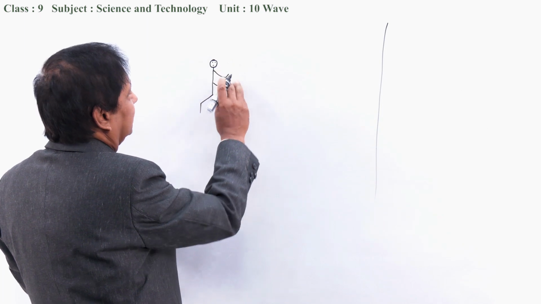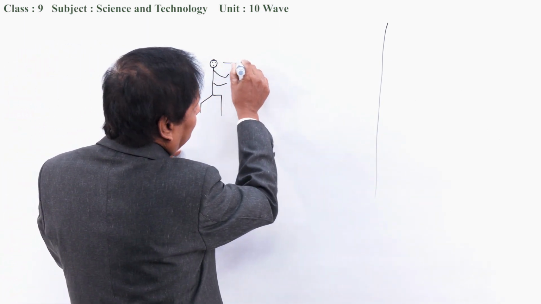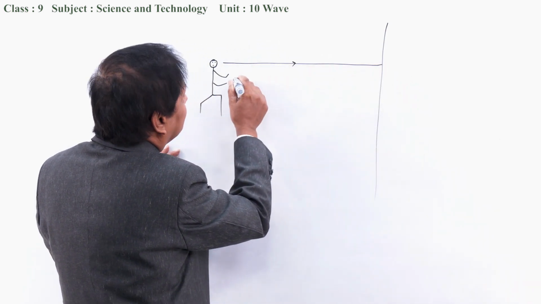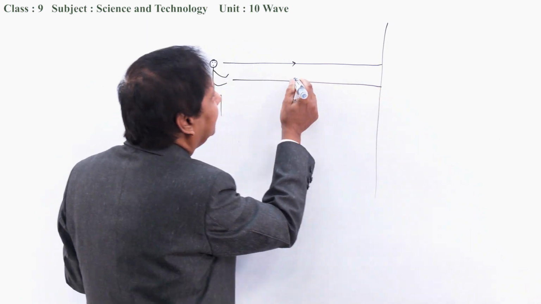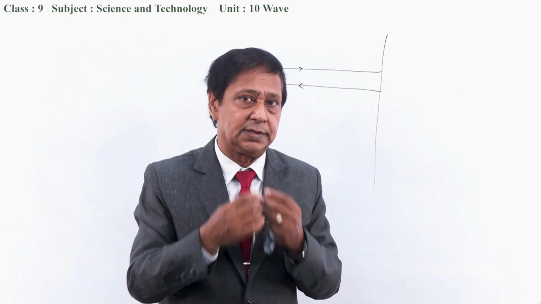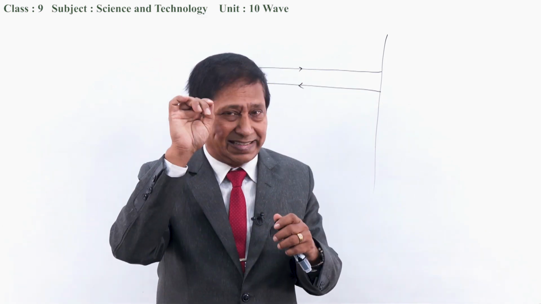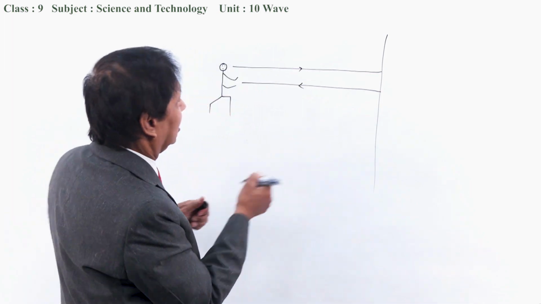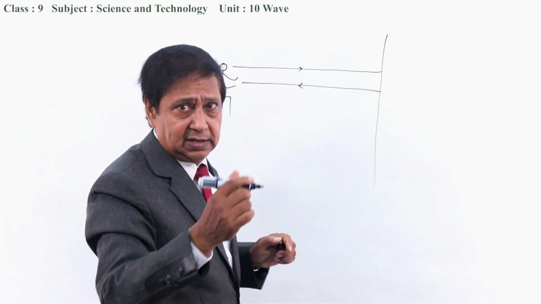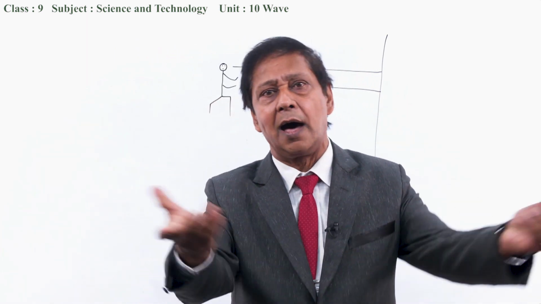If he says something loudly, let's say A, then sound moves towards this direction, strikes this wall and returns back because it has the property of reflection. When I say A, the original sound enters into my ear. It remains up to 1/10 second. But if the reflected sound comes to my ear after 1/10 second, then the effect of the original sound is gone.